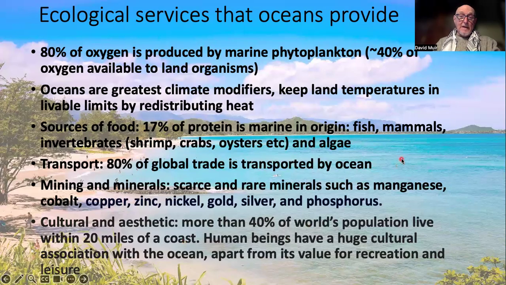So the third thing is, of course, that we depend on the oceans as a source of food. And about 17% of our protein globally is marine in origin, and from all sorts of things. Fish, from mammals, unfortunately, but it is true, mammals are still providing a source of protein for many, especially indigenous groups. Invertebrates, which are widely used and a major source of protein, things like shrimp, mussels, clams, scallops, all of those sorts of things.